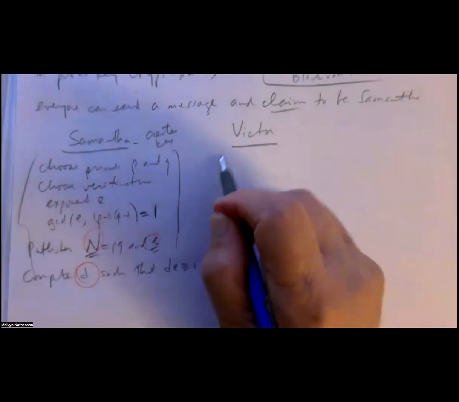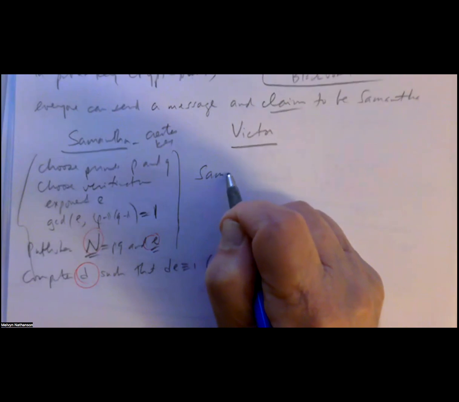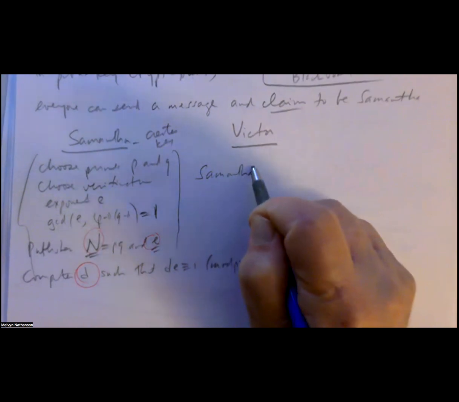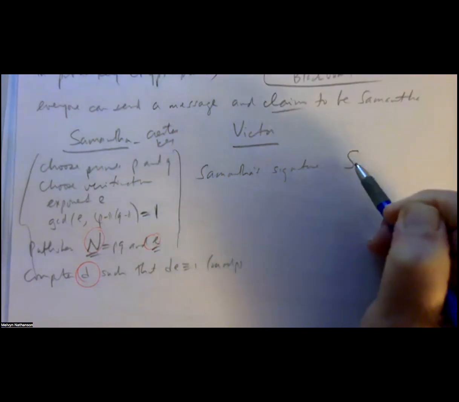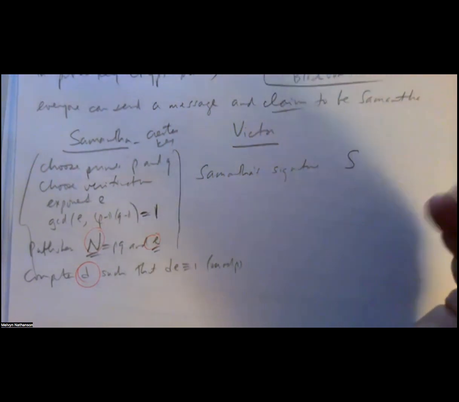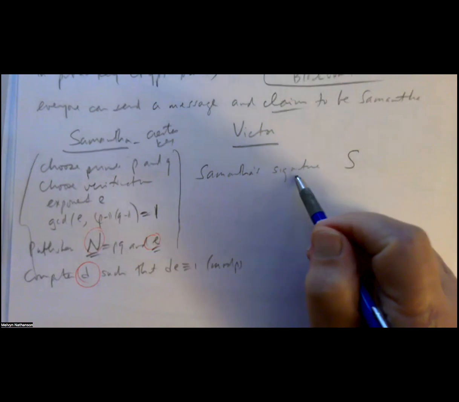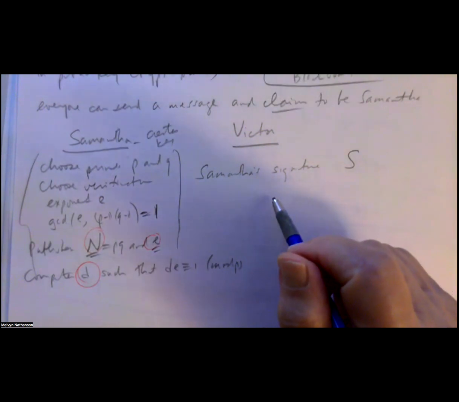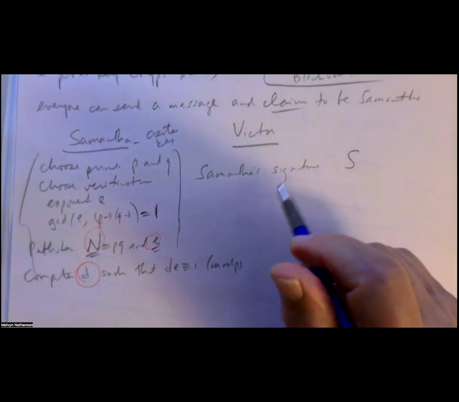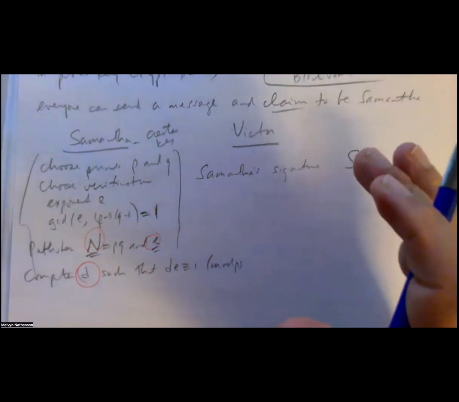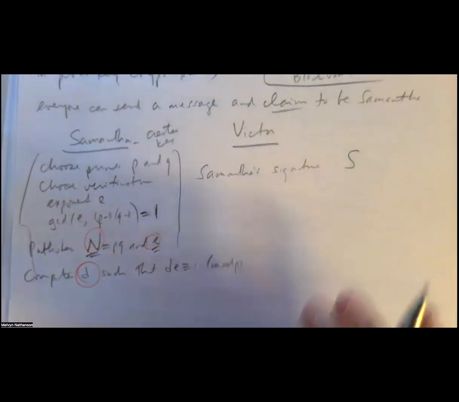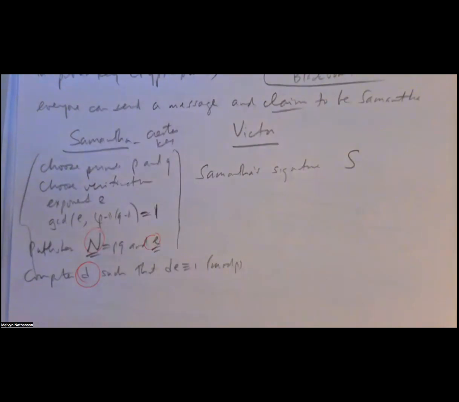So Samantha's signature, her name, let's just call it S. So it's a number. Everything is converted into a number. And how does Samantha send a document and include with it a verifiable signature, something that only she can send and no one else can send?